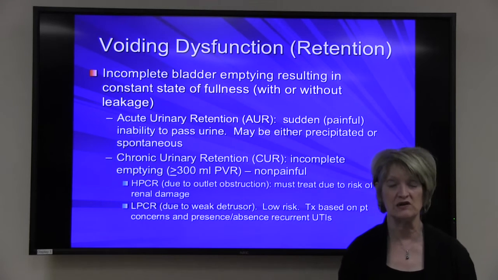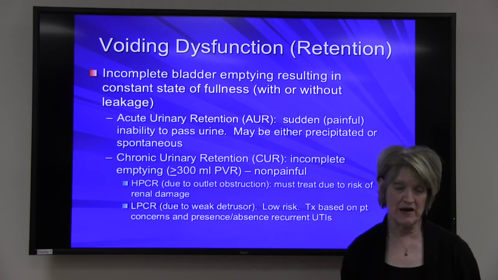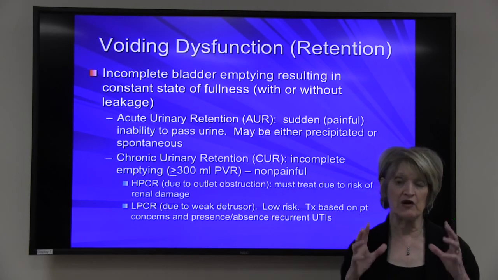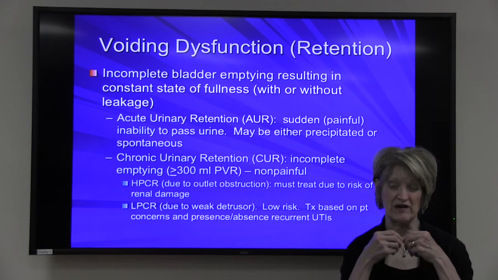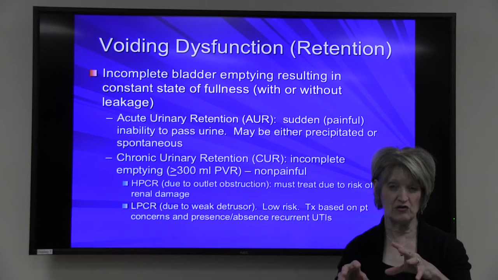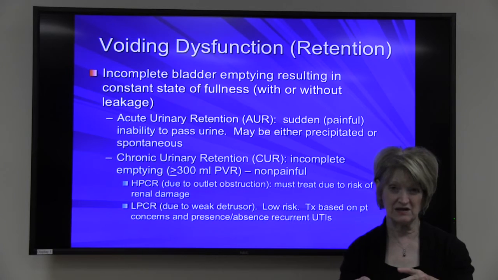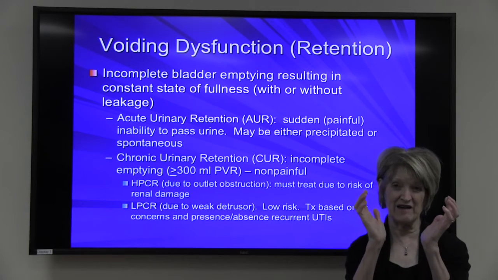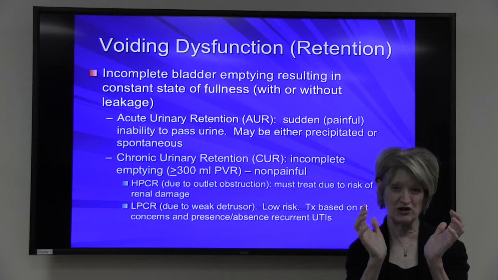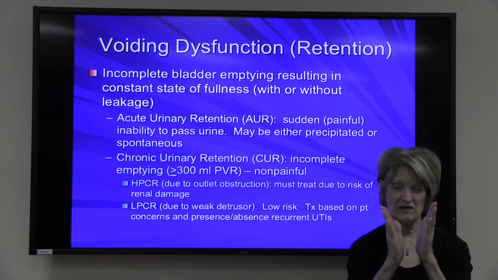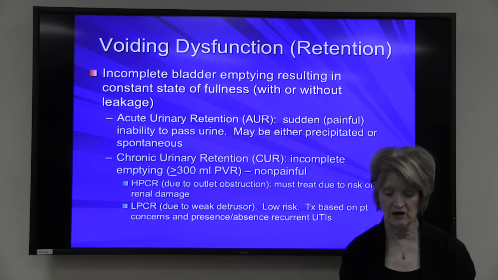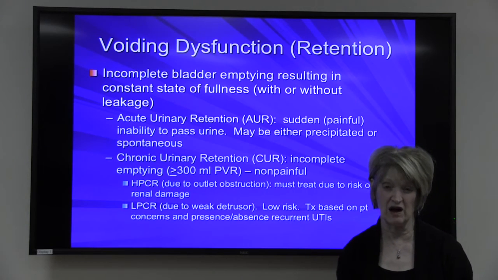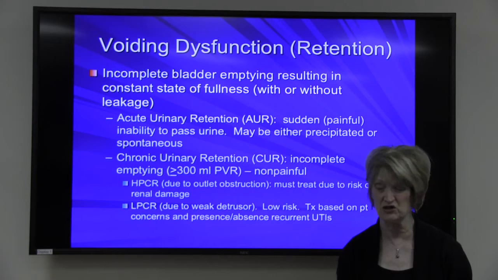The patient with chronic retention, they're not in pain, but their bladder's working very hard on a continual basis to try to force urine through that obstructed outlet. That means they have persistent high pressures within the bladder. Those high pressures interfere with urine delivery and create significant risk of upper tract renal damage.